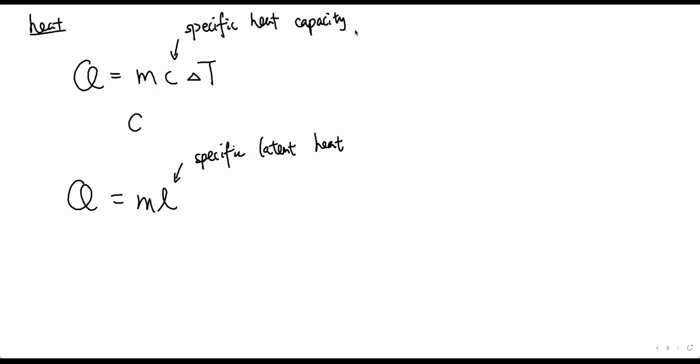So specific heat capacity is defined as the energy provided to an object with mass m. So the energy required to change 1 kg of object by 1 degree Celsius.